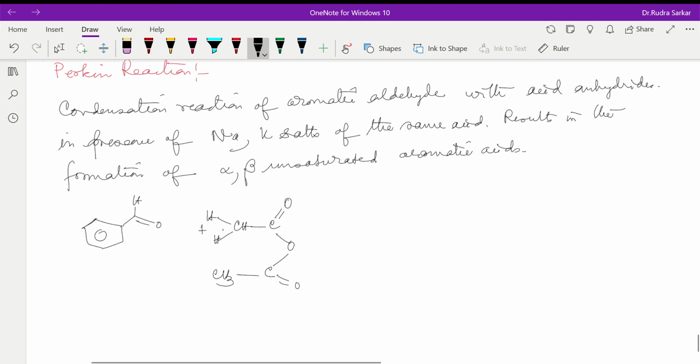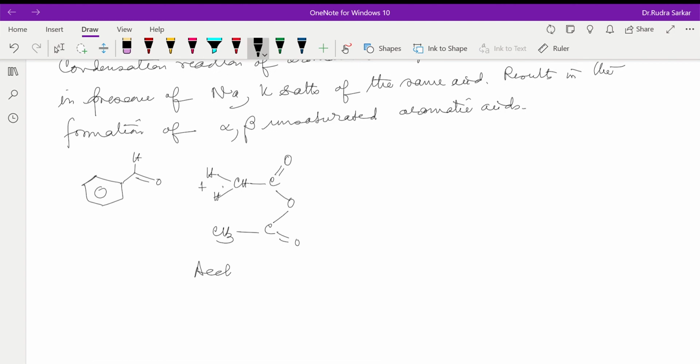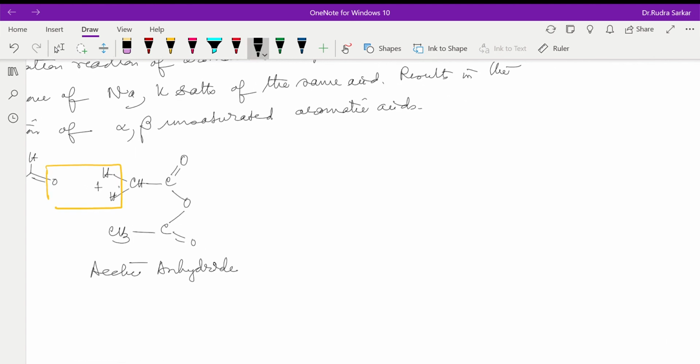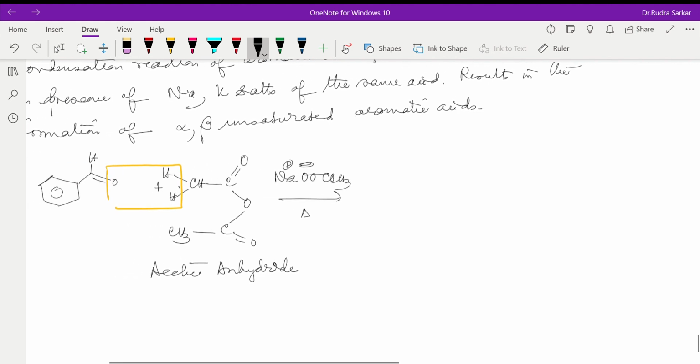So this is basically acetic anhydride. Now all you do is take out water, and you have been given NaOOCCH3. Okay, heat around 150 degrees centigrade.